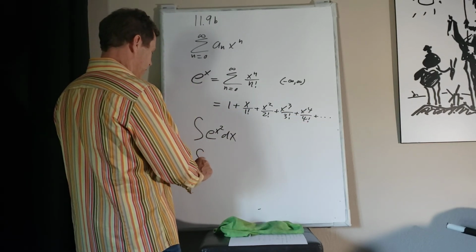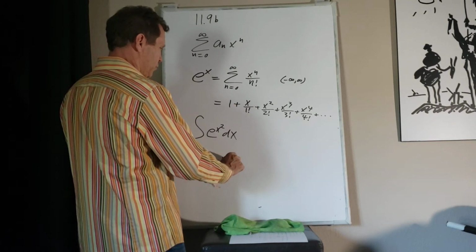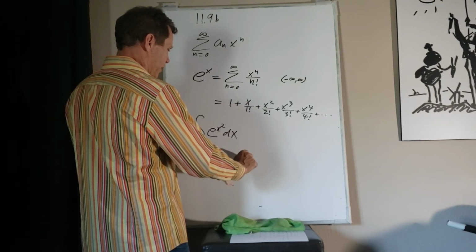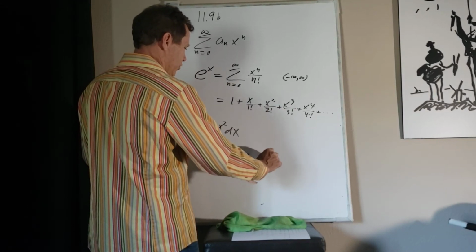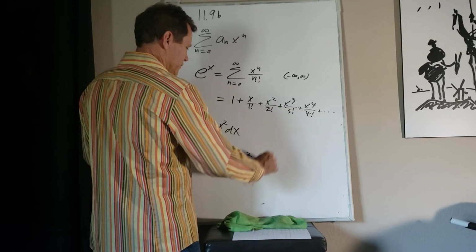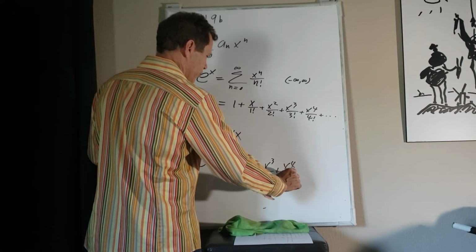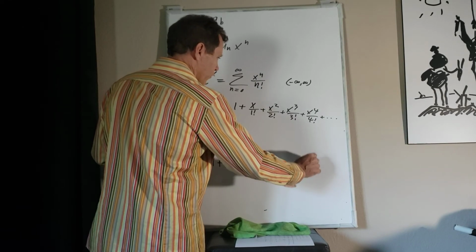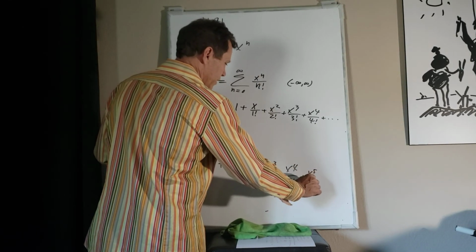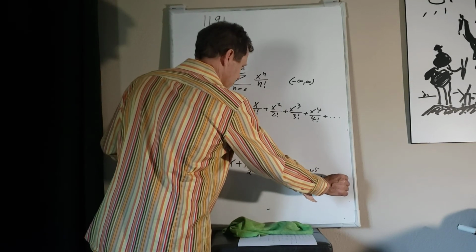So could I take the integral of 1 plus x squared, plus x to the 4th over 2, which integrates to x, plus x cubed over 3, plus x to the 5th over 10, and so on? I'm keeping the series terms: x plus x squared over 2, plus x cubed over 6, plus x to the 4th over 24, plus x to the 5th over 5 factorial, which is 120, plus dot, dot, dot.